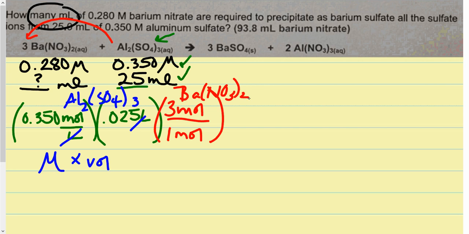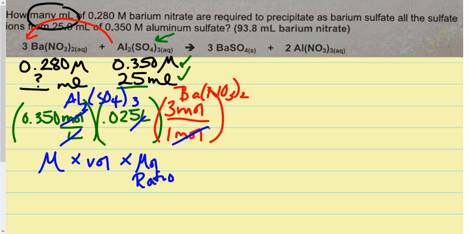Now, again, from the standpoint of the format, we took molarity times volume times the mole ratio. Now, this is the type of problem, since we want to find volume and we look at what cancels, moles of aluminum sulfate is canceled, we now are left with moles of barium nitrate.